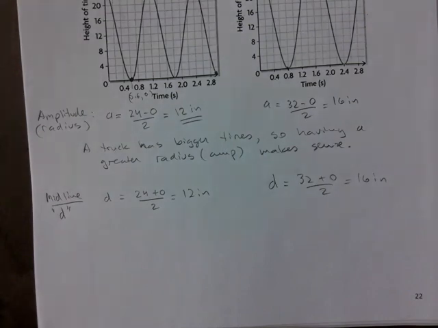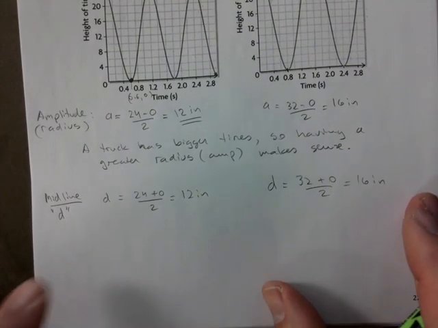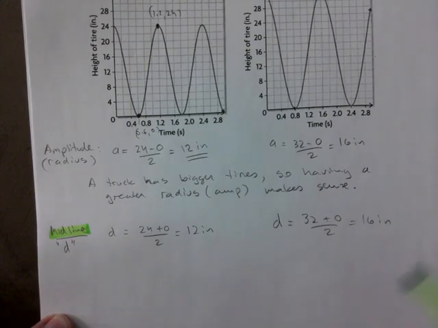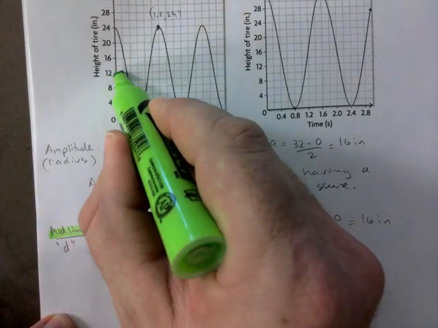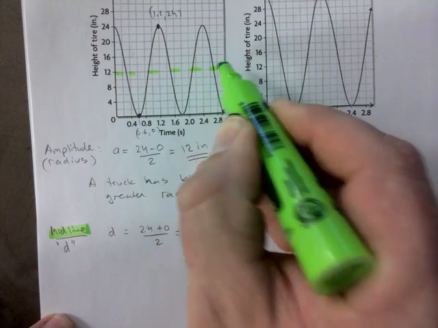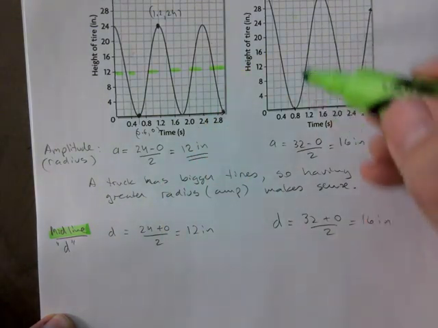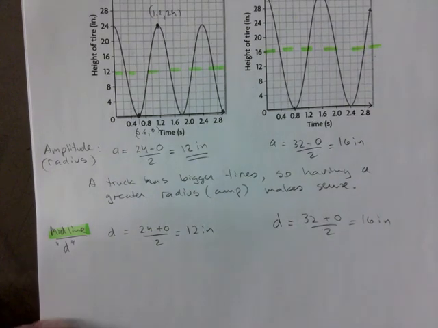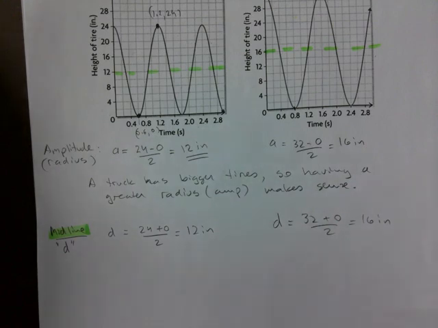I'm just going to use a highlighter here. The midline is 12 here, and it is 16 for the truck. It tells us a bunch of things.